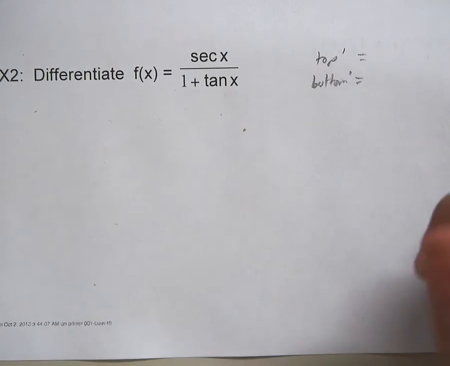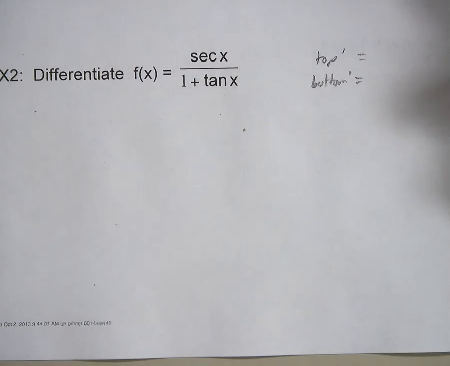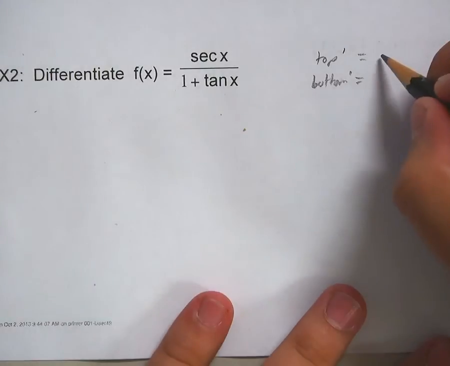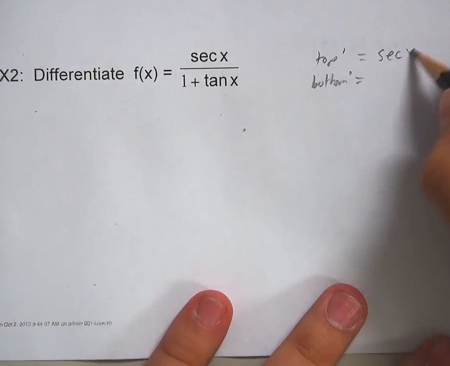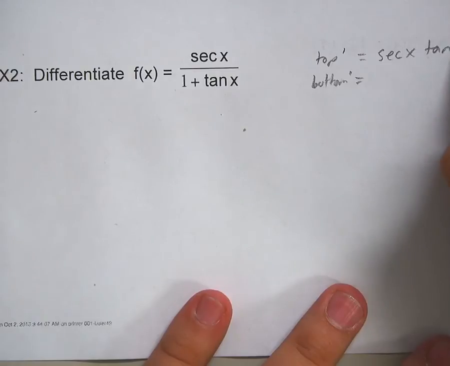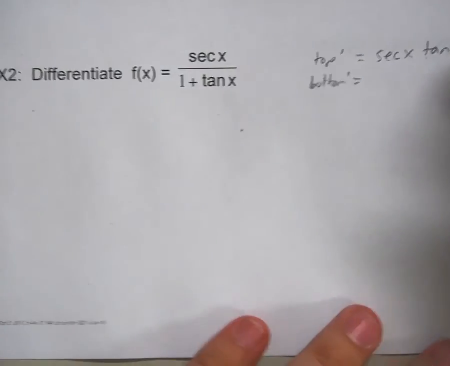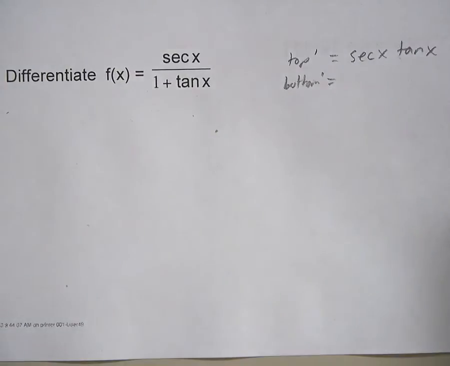What's the derivative of the top? Look back up at your functions in the top. What's the derivative rather, of secant x? The derivative of secant x is sec x tan x. Make sure you put that c in there, please. Secant x and tan x.